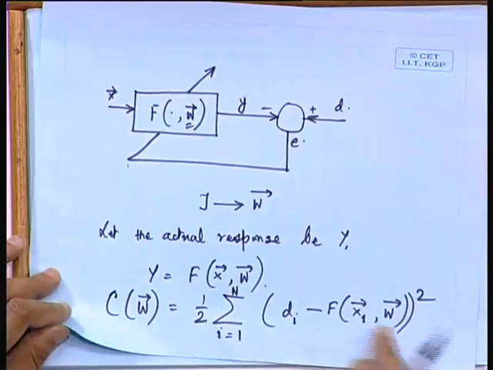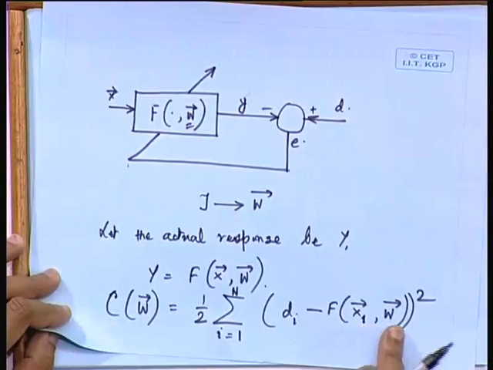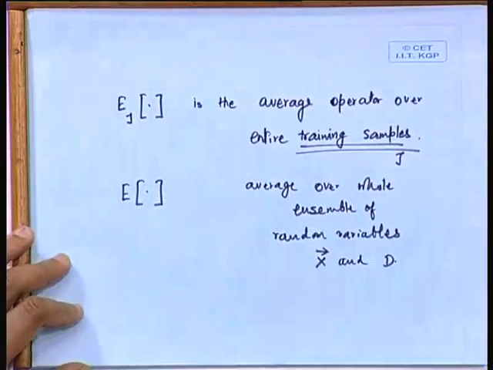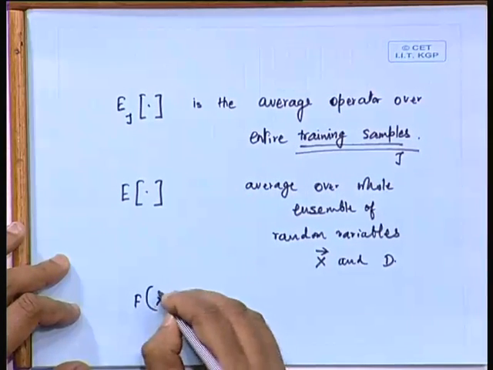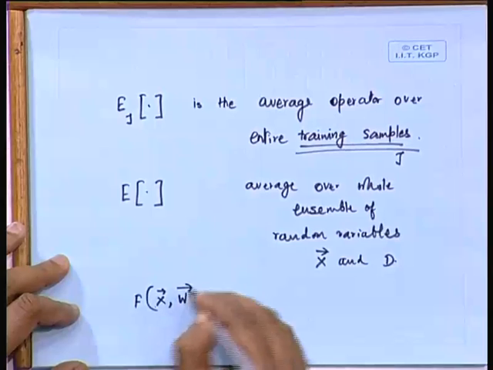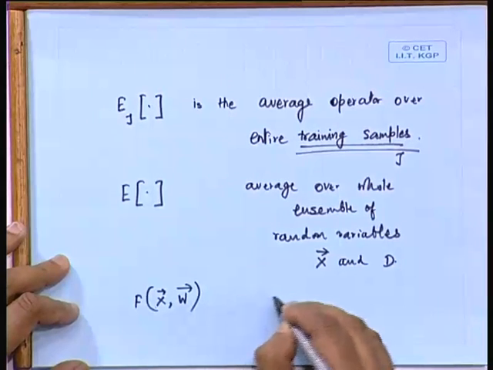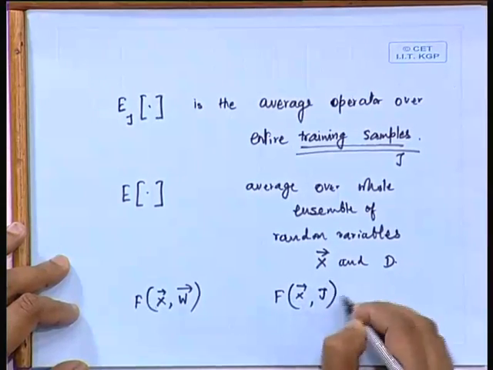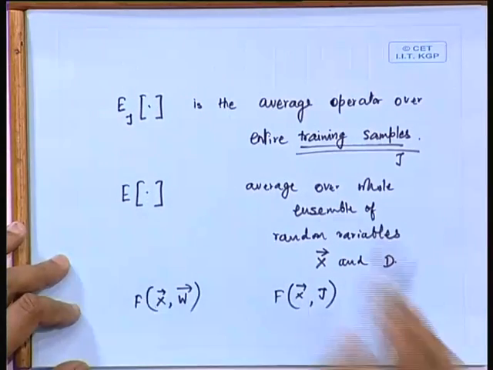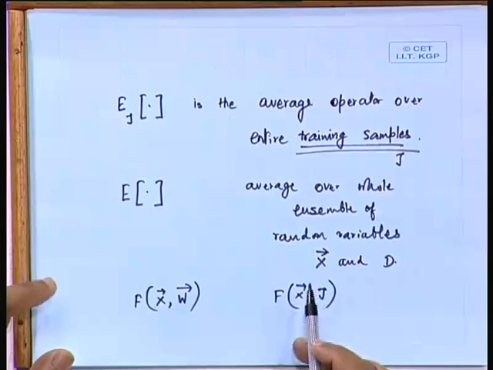So, instead of writing it as f(x_i, w), we could also write f(x, w) interchangeably as f(x, T), where T is again the set of training samples.